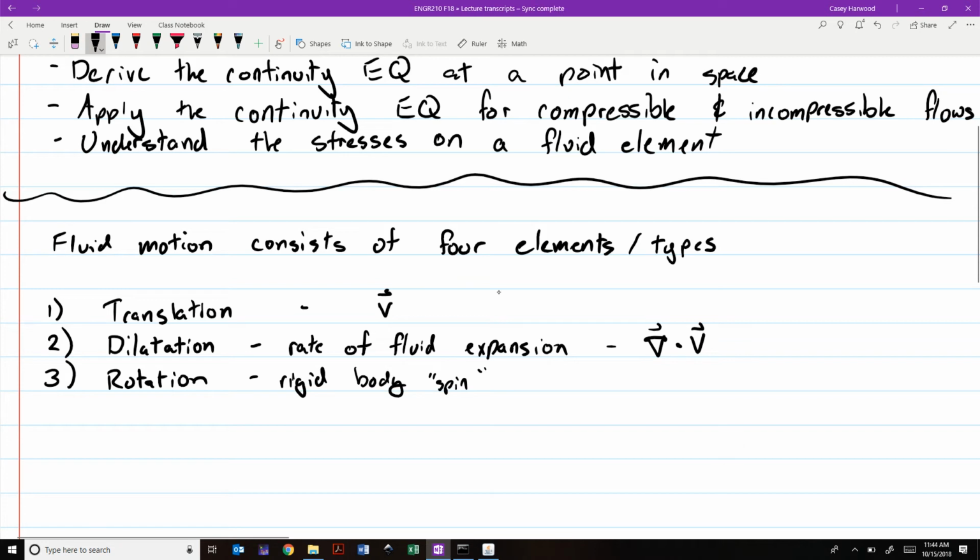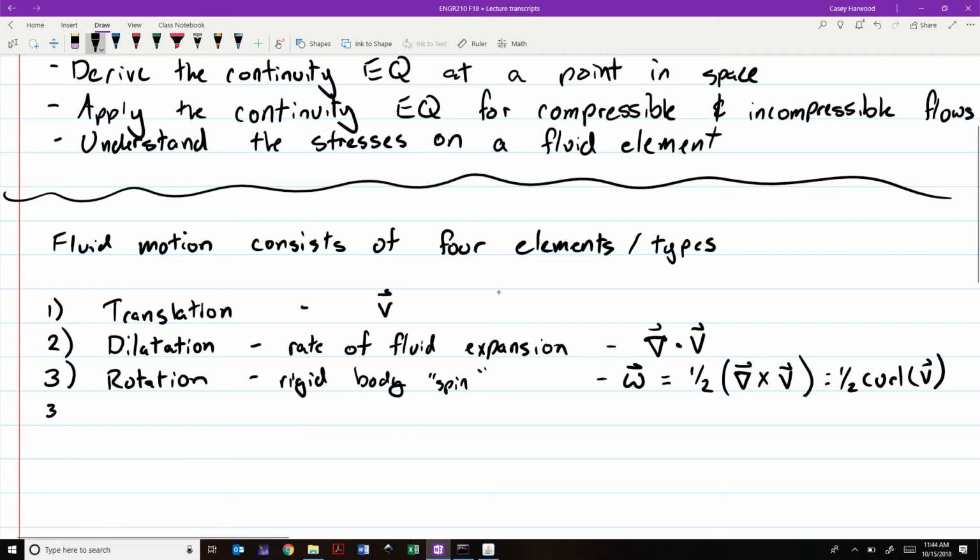This can be written as the vector omega equals 1/2 gradient operator crossed with V, which is also 1/2 curl of V.